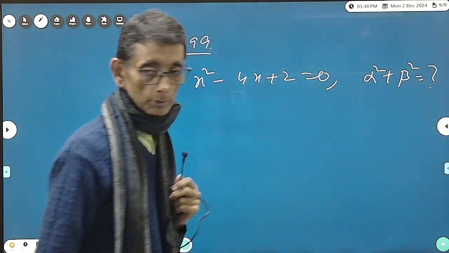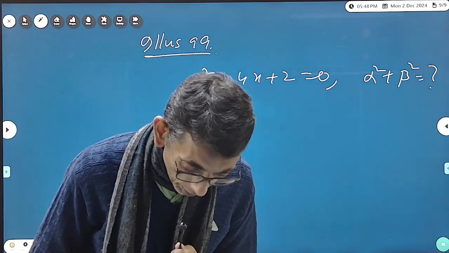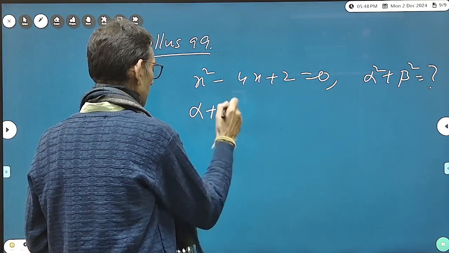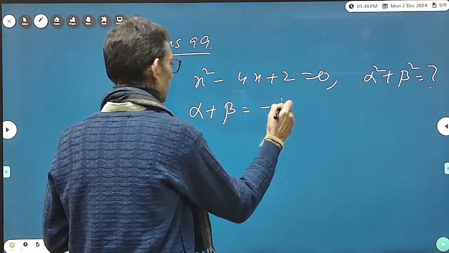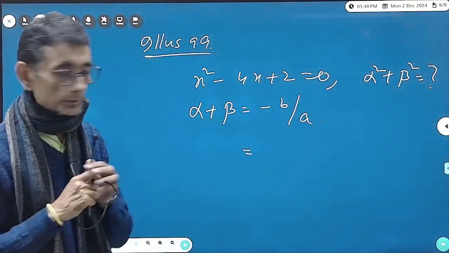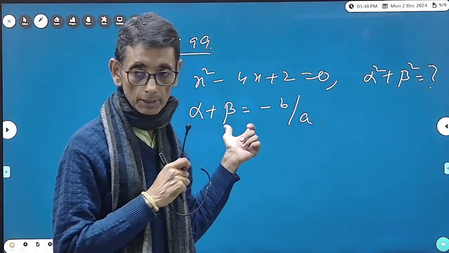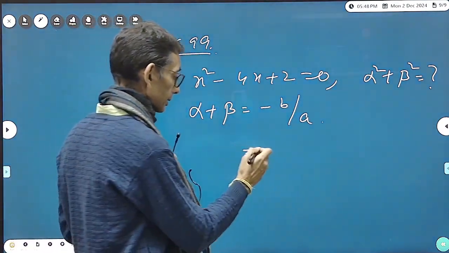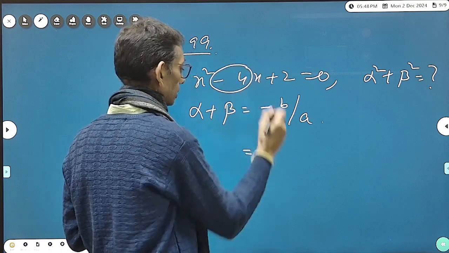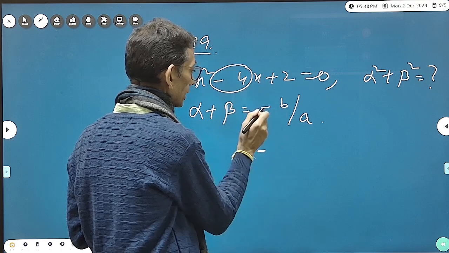What will that value be? Alpha, beta are roots of this equation. I will be using the formula alpha plus beta, sum of roots, is equal to minus b by a. Minus b value is what? It is minus 4.